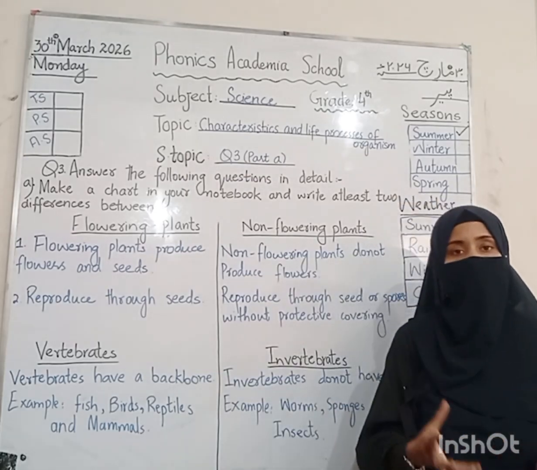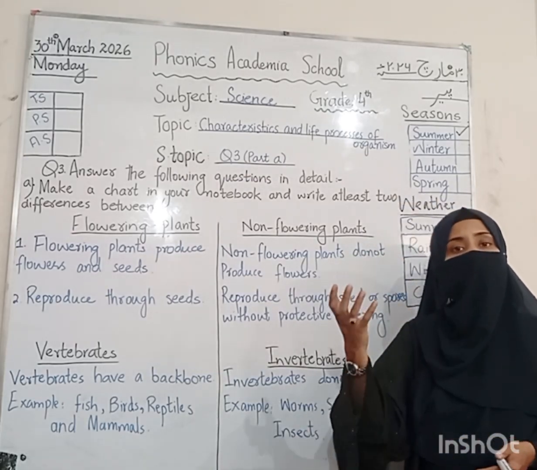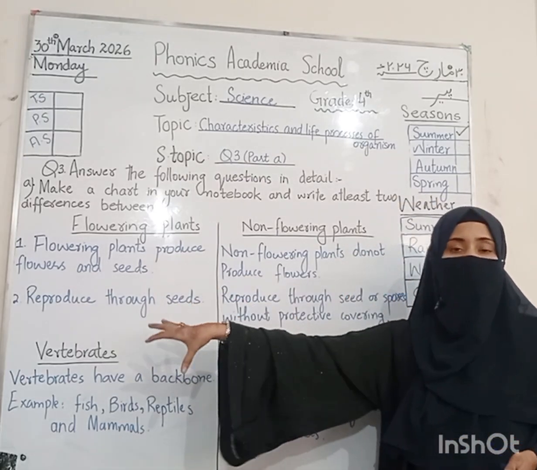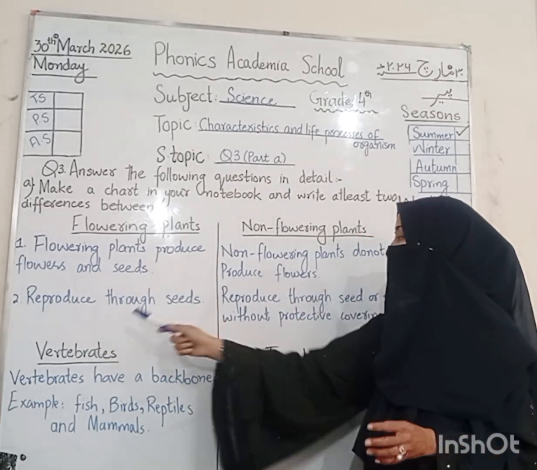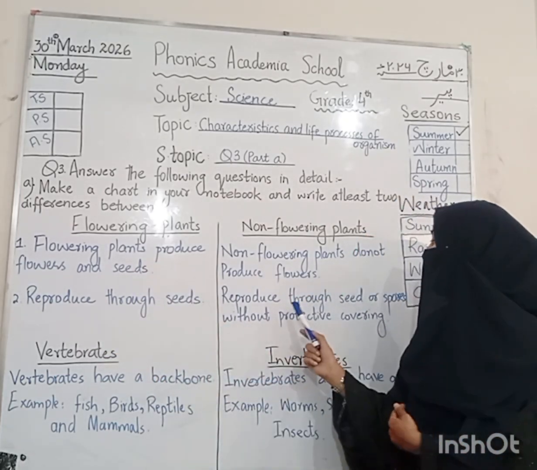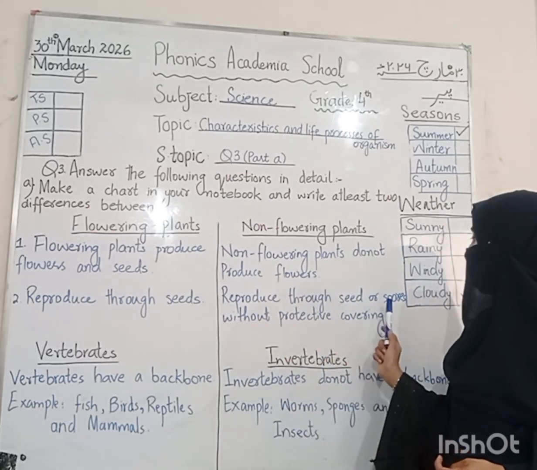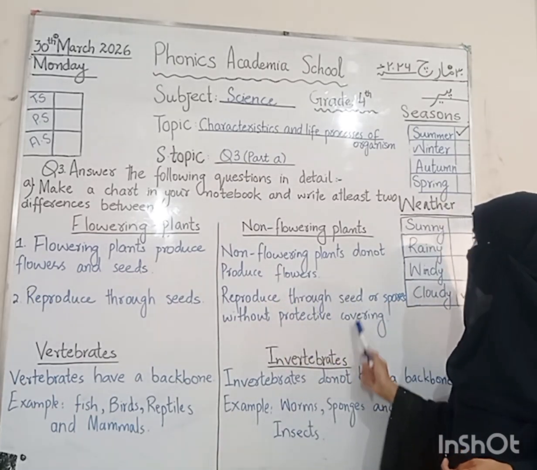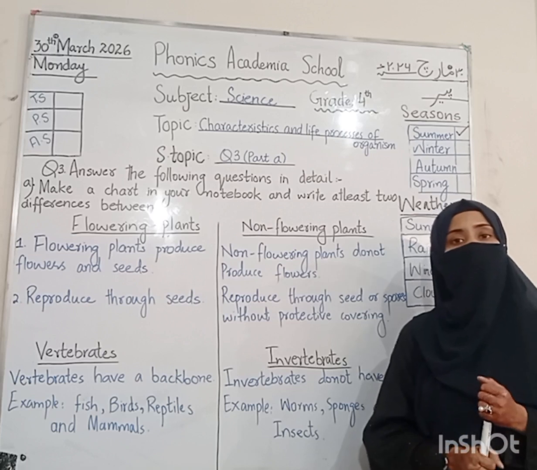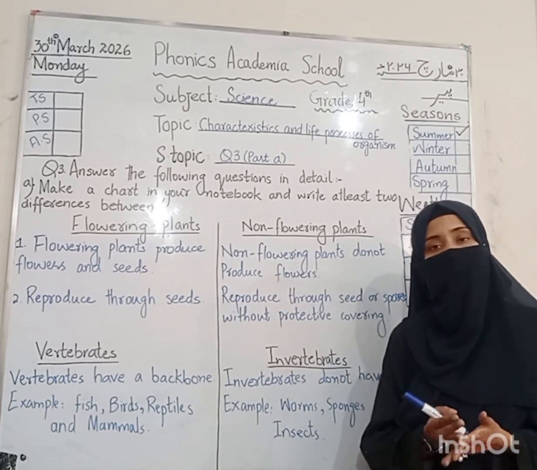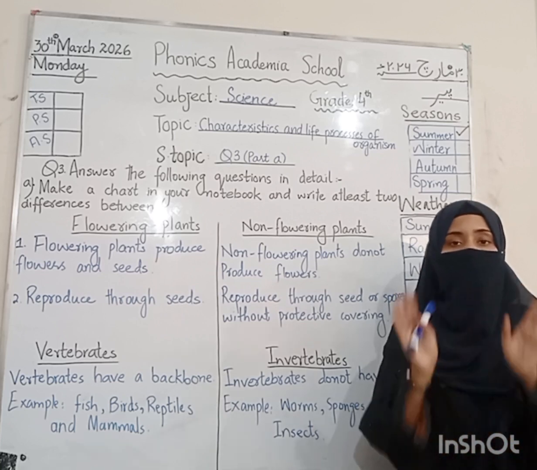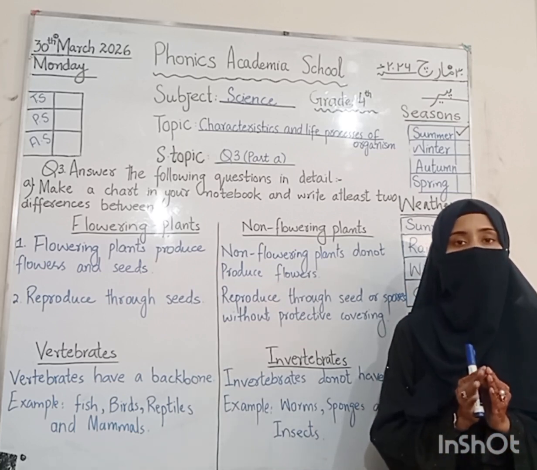So if we want to produce a new plant, we will use the seeds of that plant. Then a new plant will grow from a seed. So reproduce through seeds or spores without protecting covering. Non-flowering plants will reproduce by spores or seeds, but they don't have a covering outside their seeds or spores.